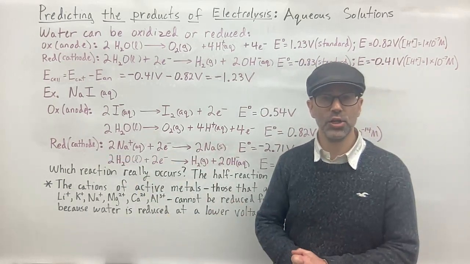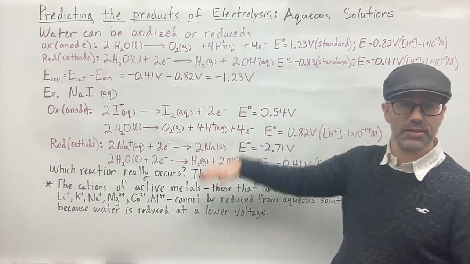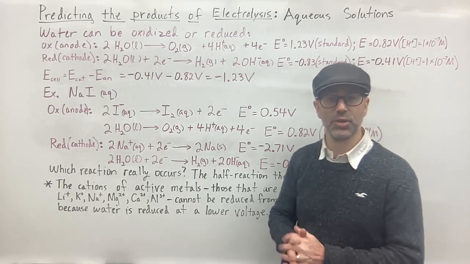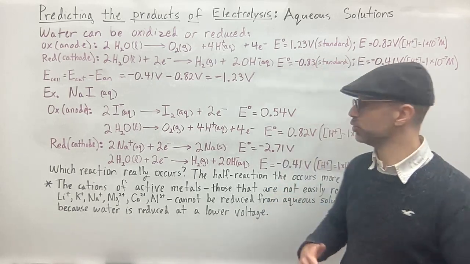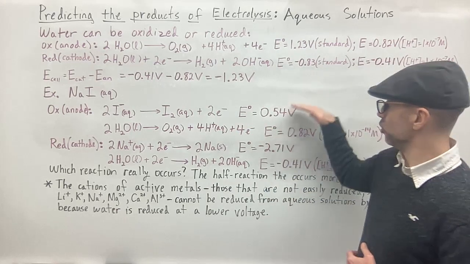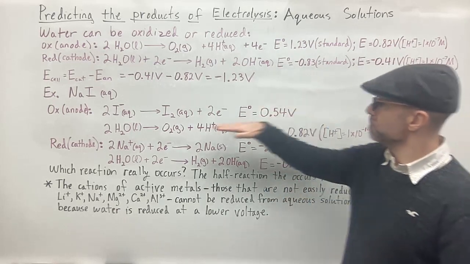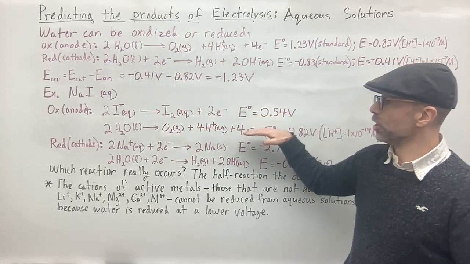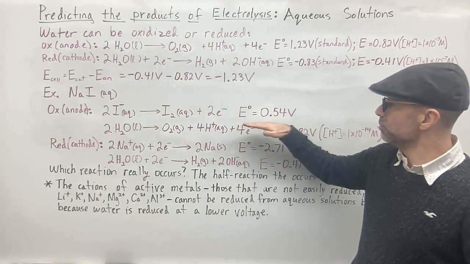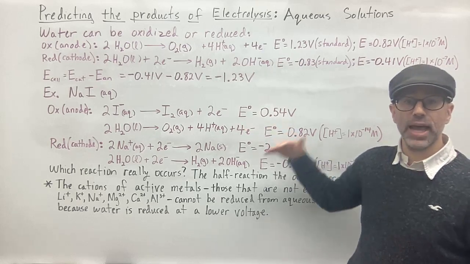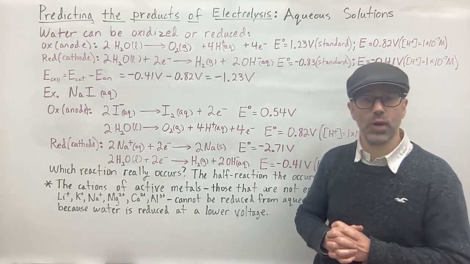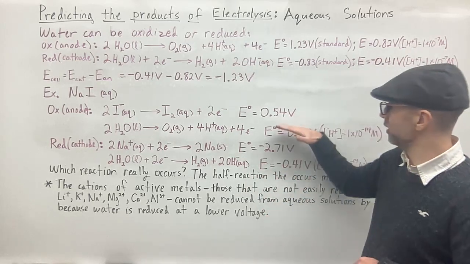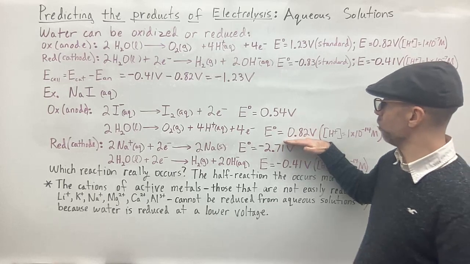So what we need to do is, once we set this up, figure out what's going to happen at the anode and what's going to happen at the cathode. And therefore, we have to go back to looking at the electrode potentials. So here, for the anode, we want to know which one is going to be the more negative, right? The more negative one is going to push the electrons away. That one is going to be more easily oxidized at the anode. So which one of these is more negative?